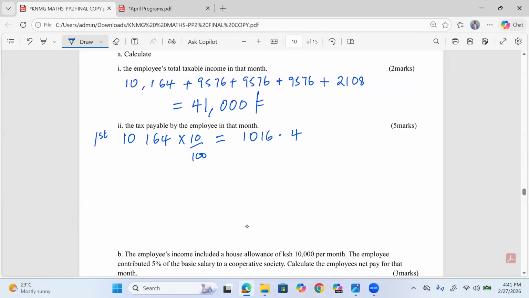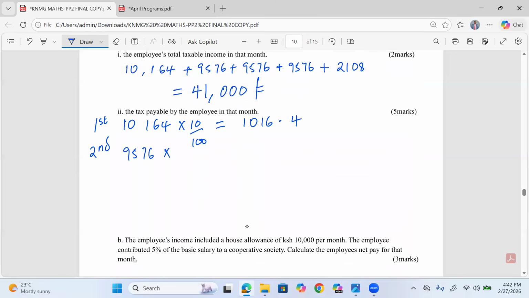Then in the second, we will talk about 9576 by, what is the rate in the second bracket? 15%. So 9576 by 15 over 100. I'm getting 1436.4. The next, which is the third, is also 9576 at the rate of 20% according to the table.